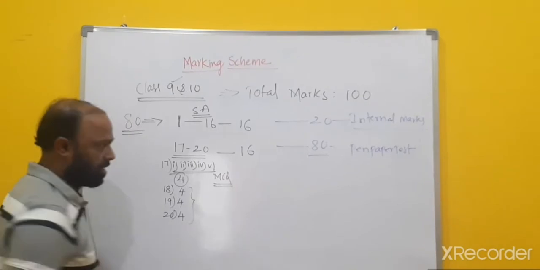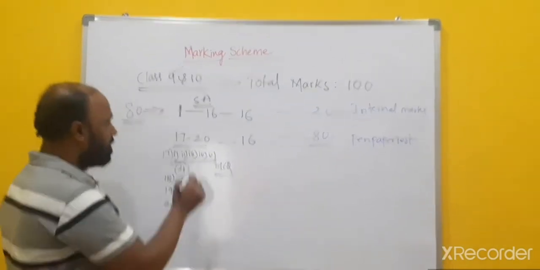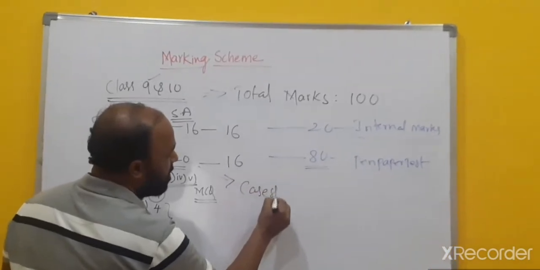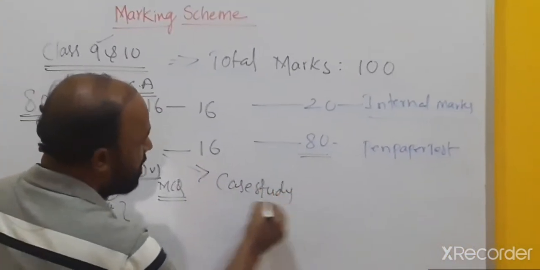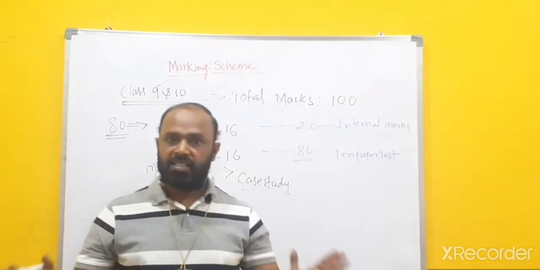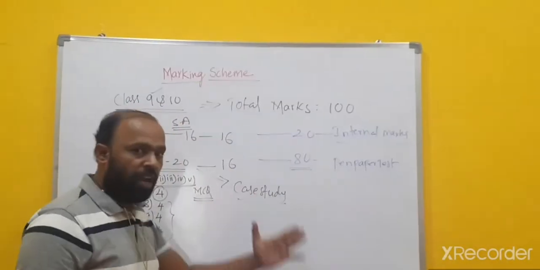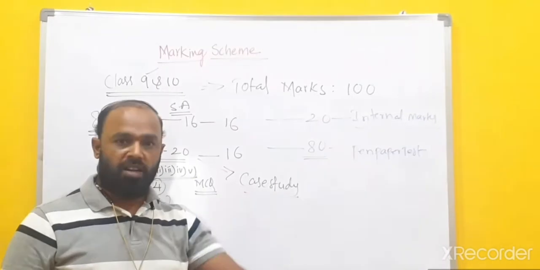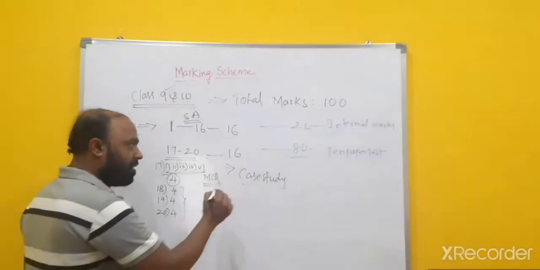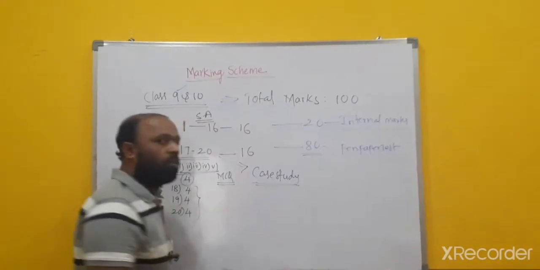Multiple choice questions. And this whole thing is a case study. Case study questions are exactly like English: they give one comprehensive passage, you read it properly and then choose the perfect answer. But the case study is related only to mathematics.